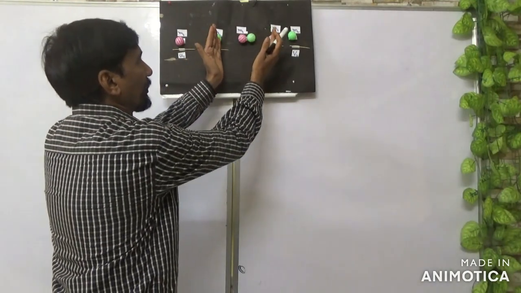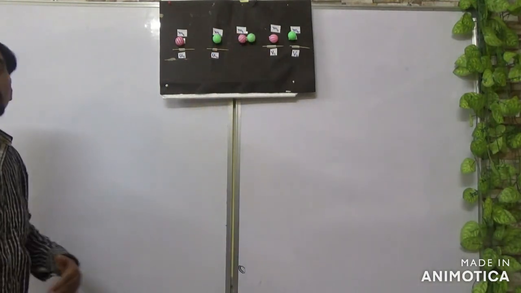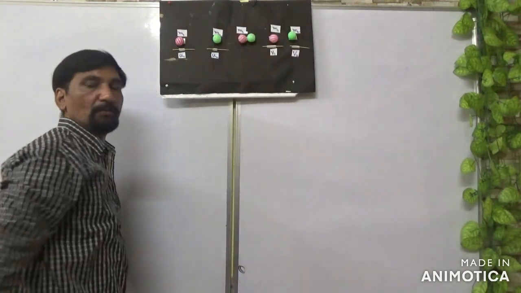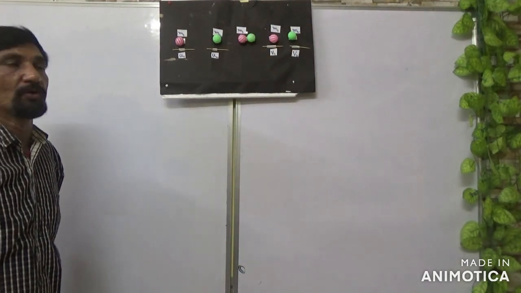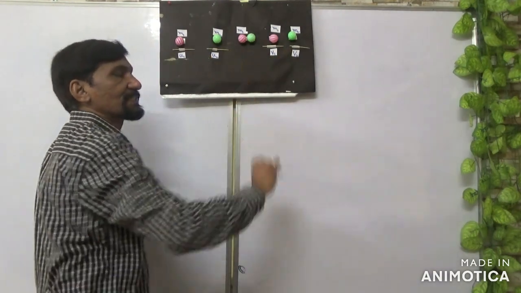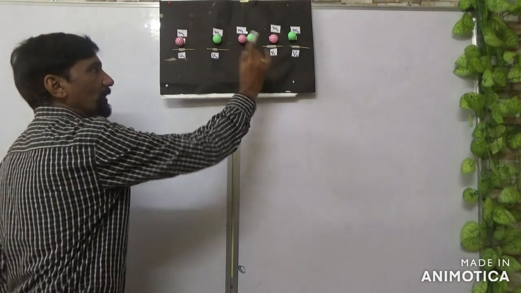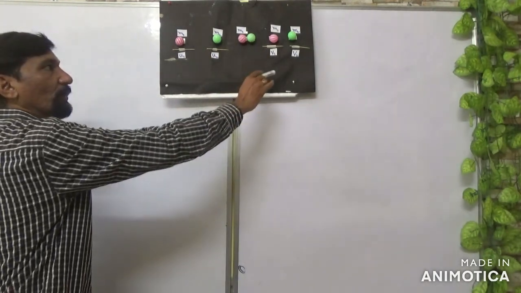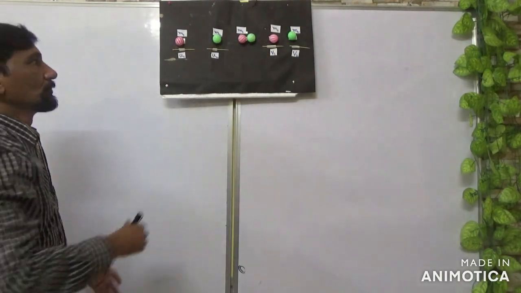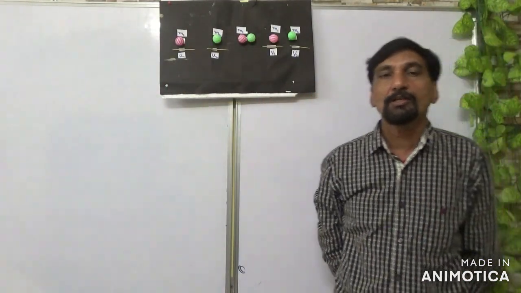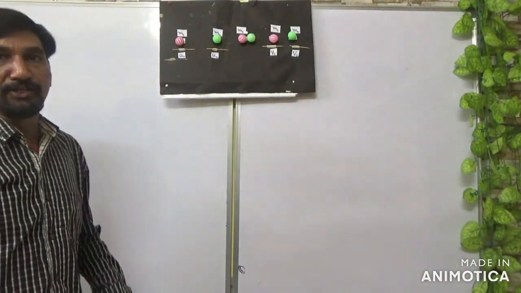Suppose they collide, then after the collision there is no change in their masses, but their velocities change. Say first one v1, second one v2. If this collision is elastic, momentum as well as energy both are conserved. If it is inelastic, only momentum is conserved.